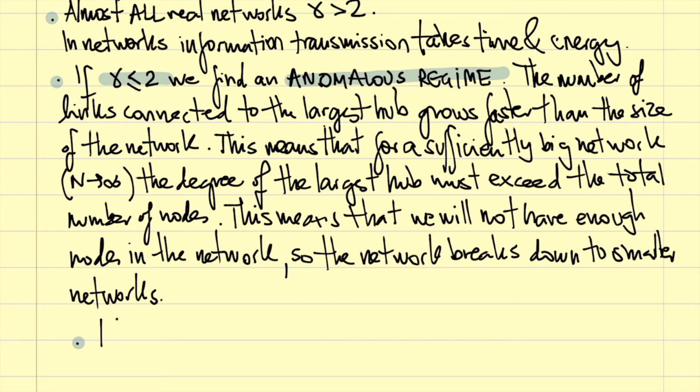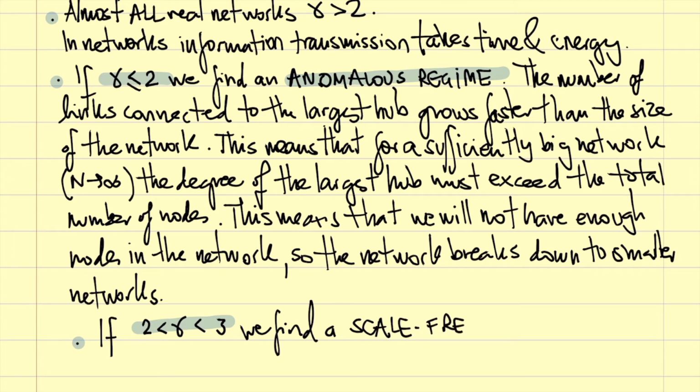For gamma bigger than 2 and smaller than 3, we find a so-called scale-free regime. This is the sweet spot. This is where we want to be. Okay?